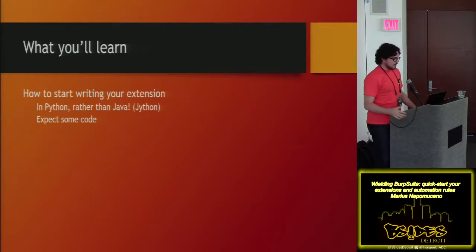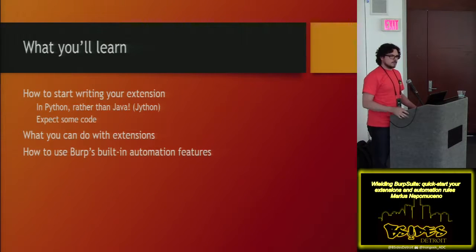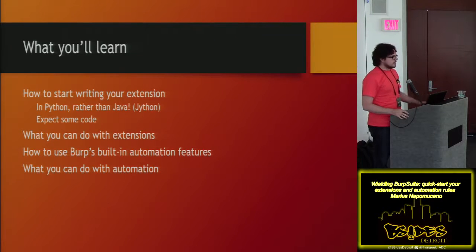Again, we'll be using Python, so expect some code. It's not overly complex code. I will explain it. And then you'll learn what you can do with these extensions, what the BurpSuite API provides, how to use some of the built-in automated features, and also what you can do with them to ease your security testing.